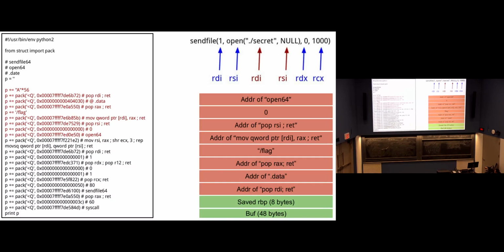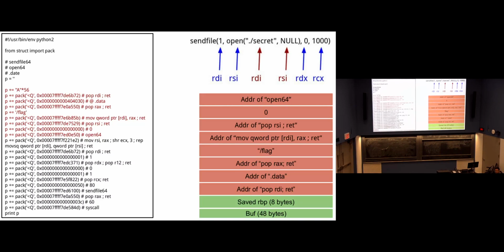So the first gadget we will have is pop RDI, which means the next item on the stack will be popped into RDI. And for the next item here, I have the address of the .data section. A program has many sections: the .text section for the code, the .data section for the global variables, which means that section is writable and readable.